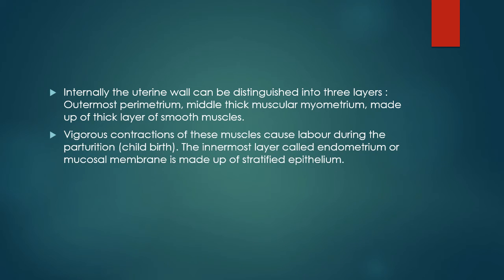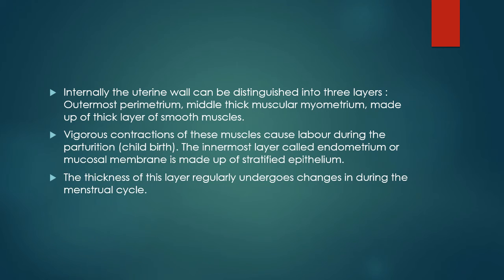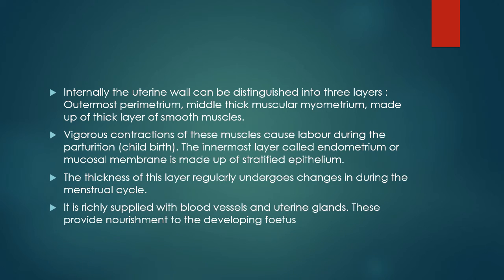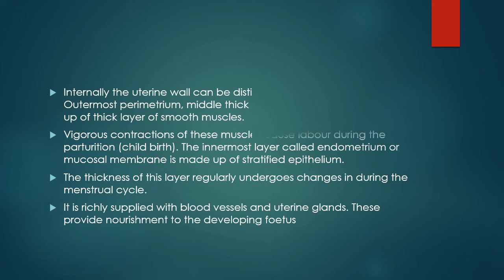Vigorous contraction of these muscles causes labor during parturition, that is, childbirth. The innermost layer, called the endometrium or mucosal membrane, is made up of stratified epithelium. The thickness of this layer regularly undergoes changes during the menstrual cycle. It is richly supplied with blood vessels and uterine glands. These provide nourishment to the developing fetus.